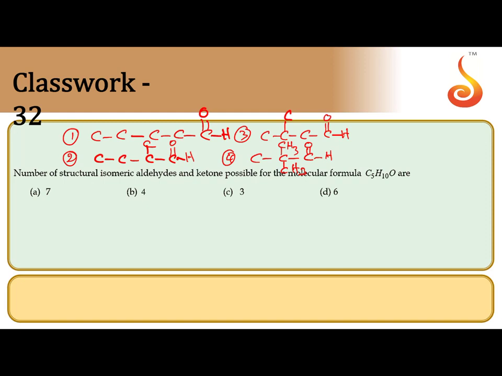4 aldehydes we got. Coming to the ketones, pentanone 2, pentanone 3, and you make the branch from pentanone 2.